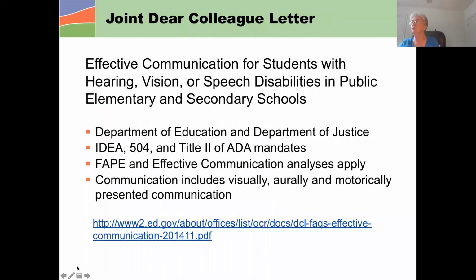Right. Okay, so then we want to bring to your attention a joint Dear Colleague letter. And this was a communication that was jointly with the Department of Ed and the Department of Justice. And in this communication, which Leslie will put the link in the chat window for you, it talks about that both IDEA and 504 guarantee the student's right to a free, appropriate public education.